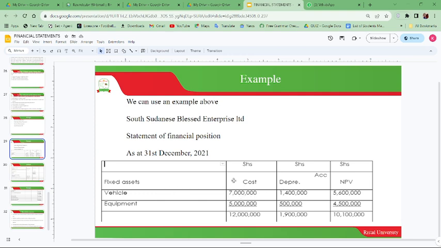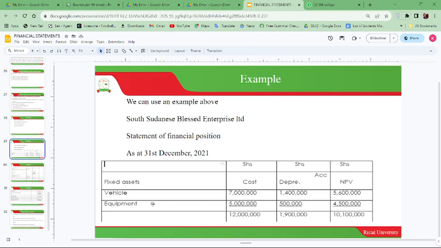The cost for the vehicle in the table was given as 7 million, and it depreciated by 1,400. To get the net book value, we subtract. Net means subtraction. So we get this 7 million minus the depreciation amount to get this.